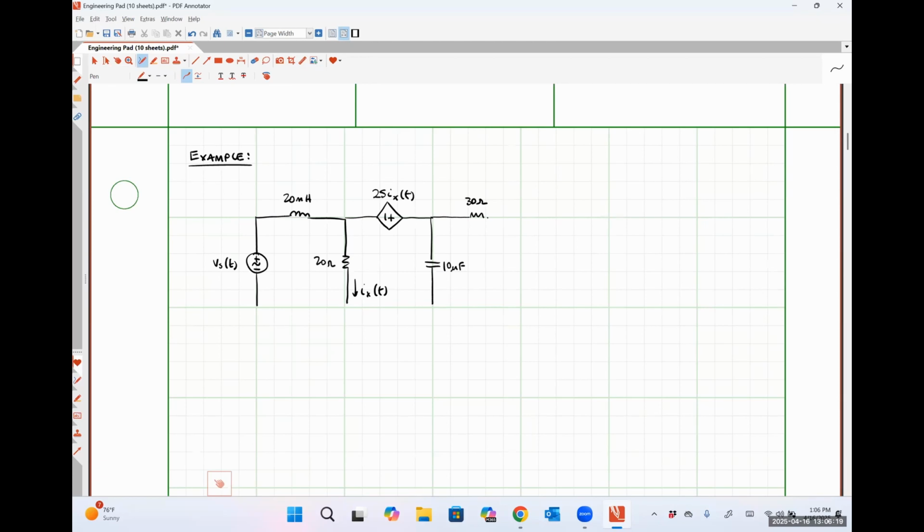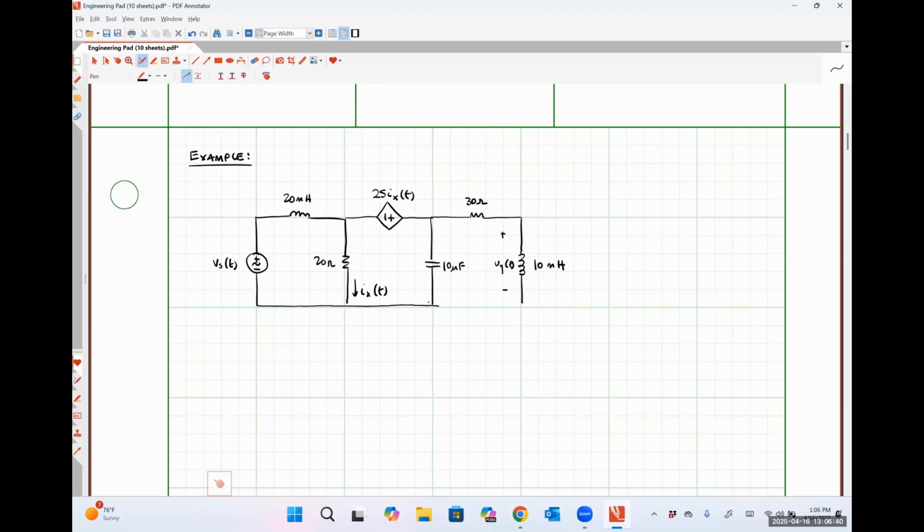Here's a 30 ohm resistance. Here is a 10 millihenry inductance across which I'm going to have some voltage Vy of t.